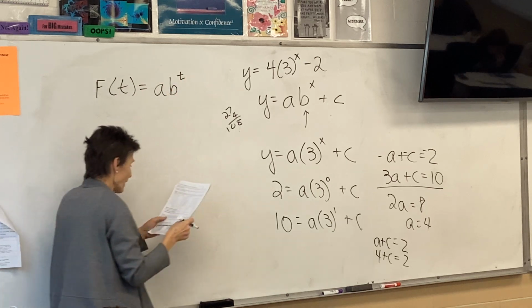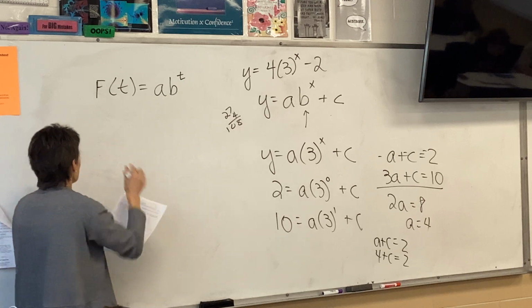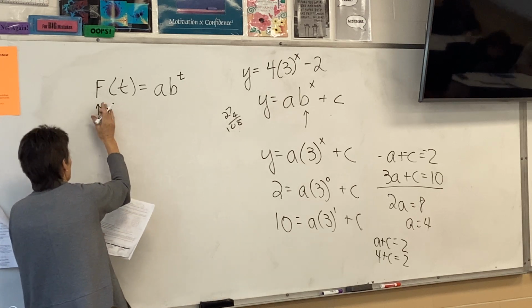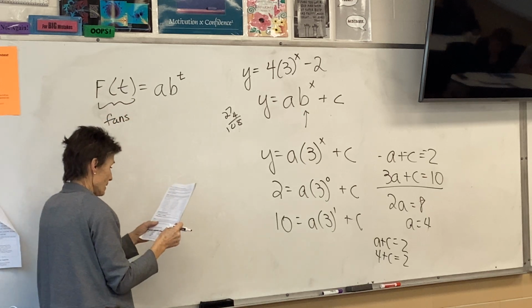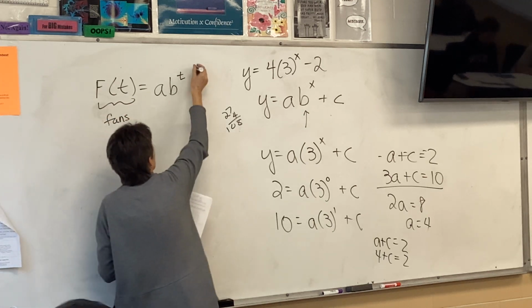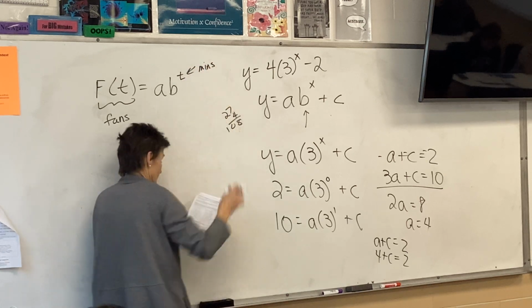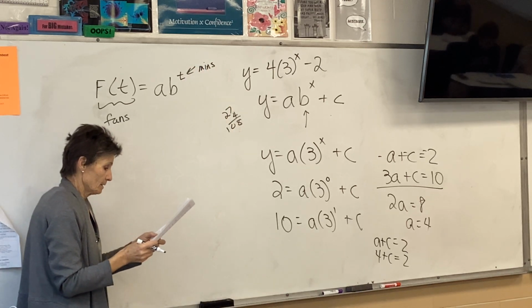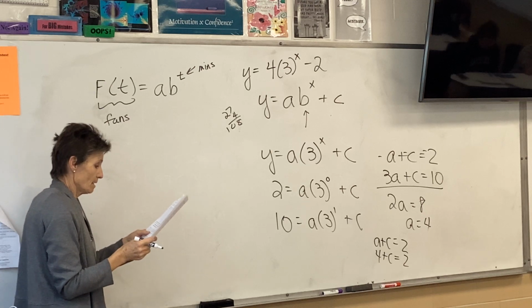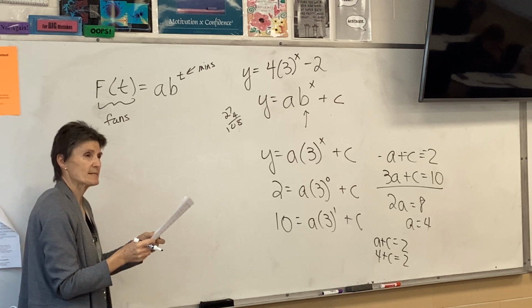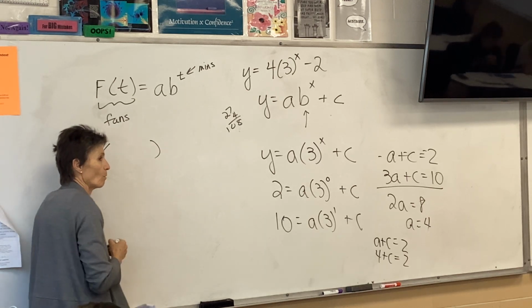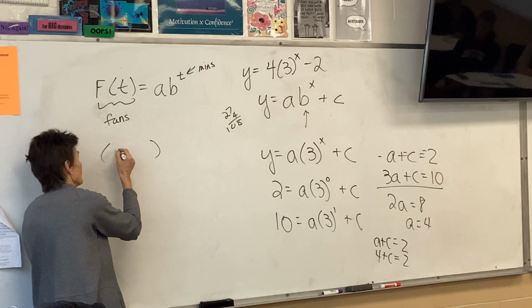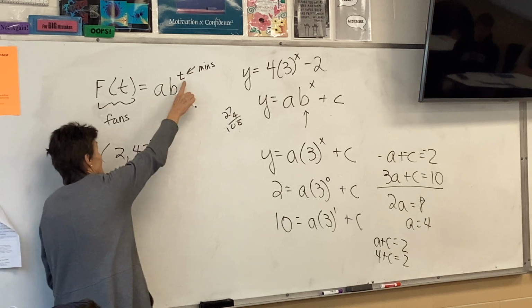It tells us that F represents the number of fans and T is T minutes. There are 47 people in the stadium 2 minutes after the doors open. That's an ordered pair. What ordered pair is that? 2, 47. Perfect. That's X, that's Y.